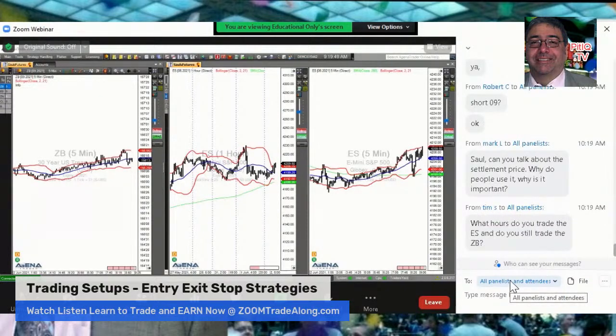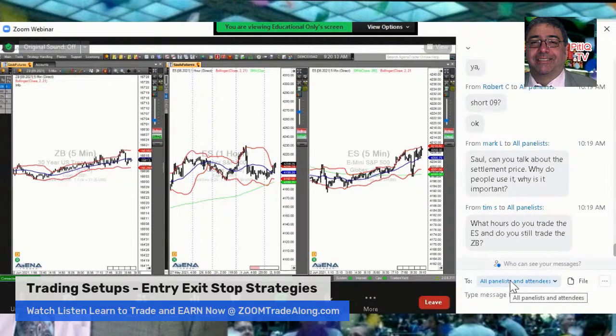Well, the settlement price is more of a psychological thing. It's like retesting the overnight high or low. And if you trade off of a settlement price and you come back to it, the settlement price is a settlement price for a reason, right?